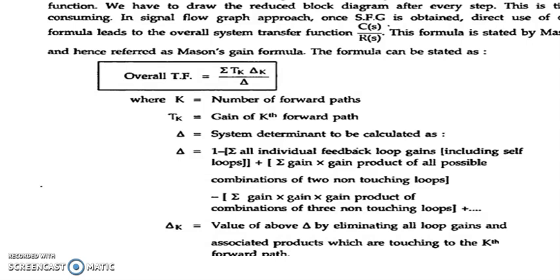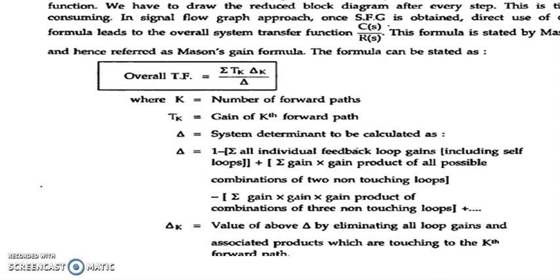The equivalent transfer function for a signal flow graph is obtained through what is called Mason's gain formula. According to Mason's gain formula, the overall transfer function is equal to the sum of Tk delta k by delta, where k is the number of forward paths, Tk is the gain of the kth forward path, and delta is the system discriminant, which can be calculated as 1 minus the summation of all individual feedback loop gains including self loops, plus the summation of gain products of all possible combinations of two non-touching loops, minus the gain products of combinations of three non-touching loops, and so on.